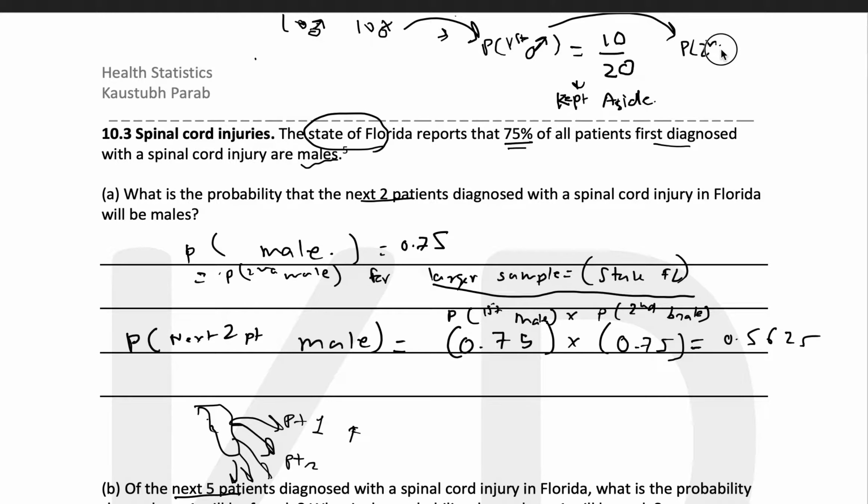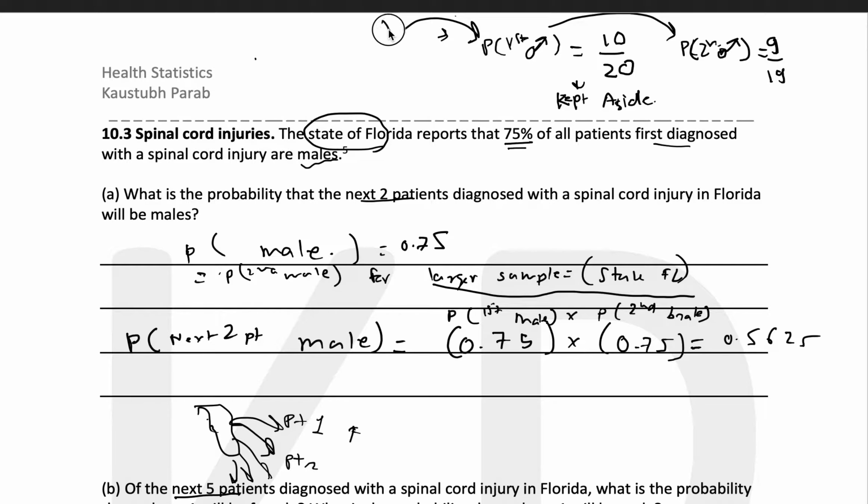Then the probability of the second frog drawn being male will be 9 over 19, because you have already lost one out of the total pool. But that is true generally for smaller samples like this, 20 frogs or so on.